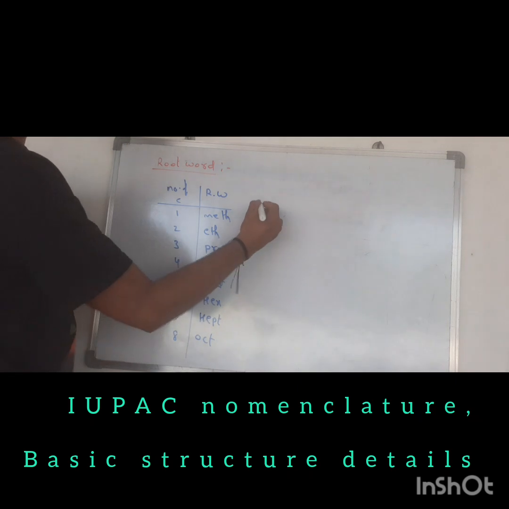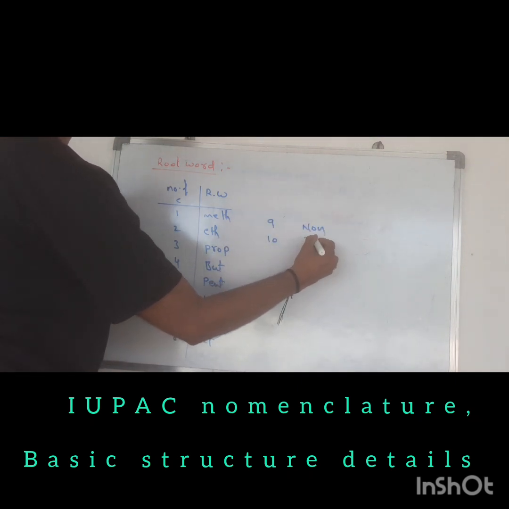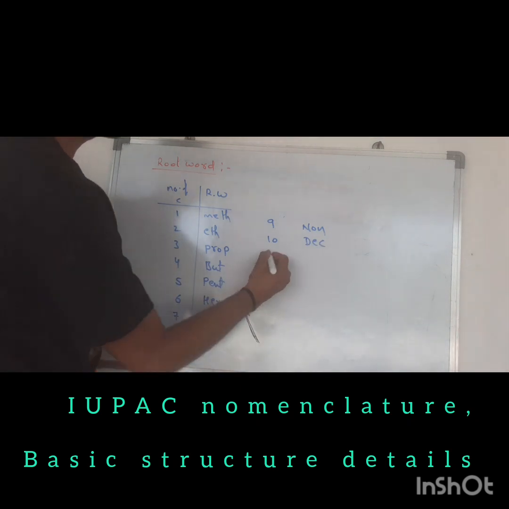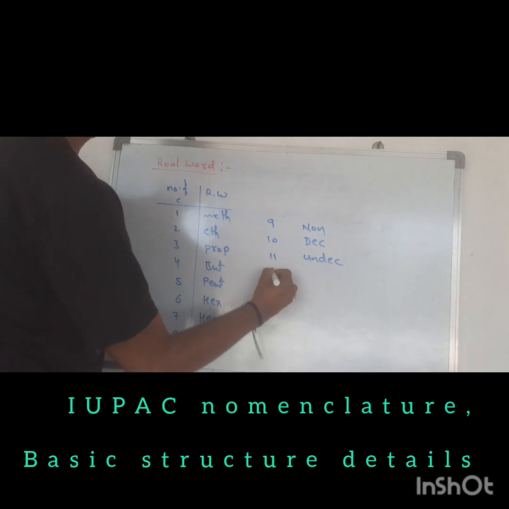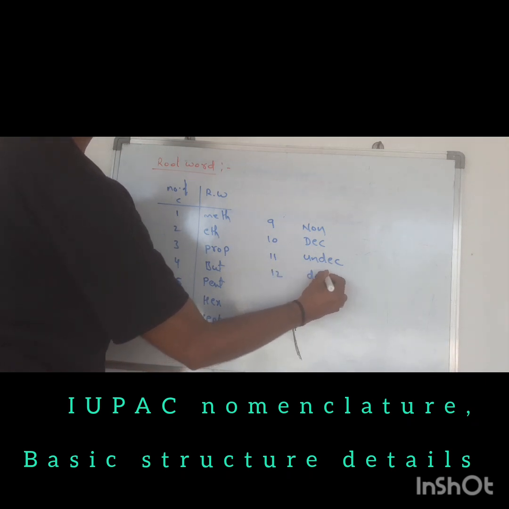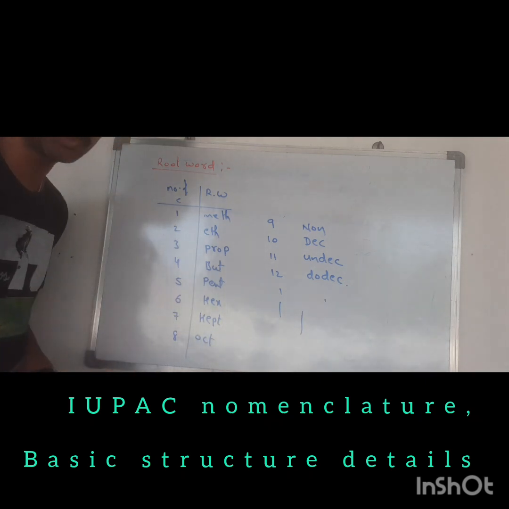If the number of carbons is 9, use non. 10, use dec. 11 means undec. 12 means dodec. Like that we have to give the root word.